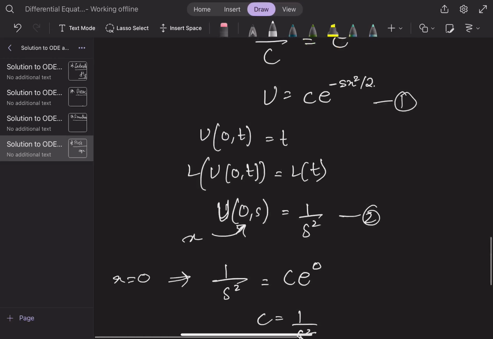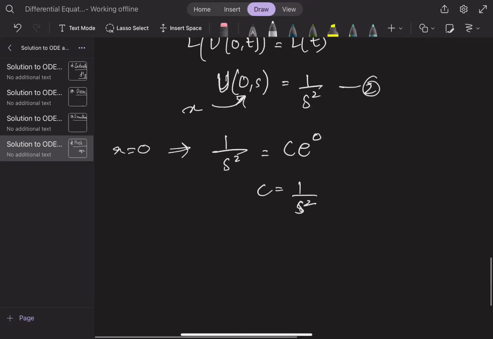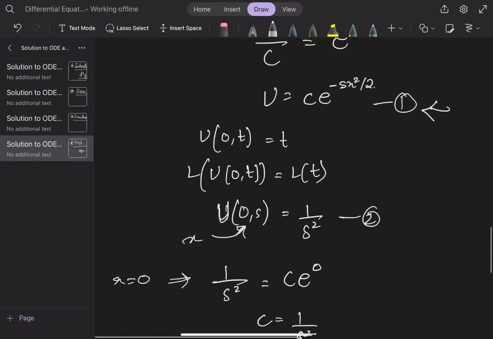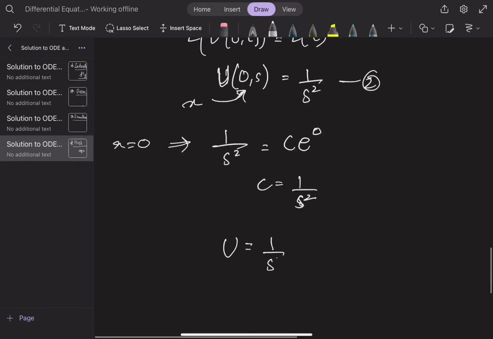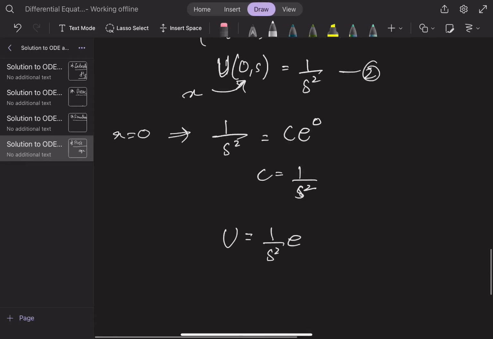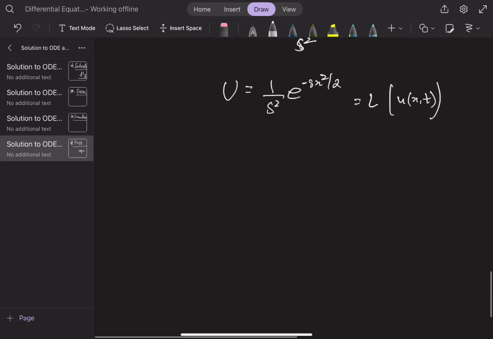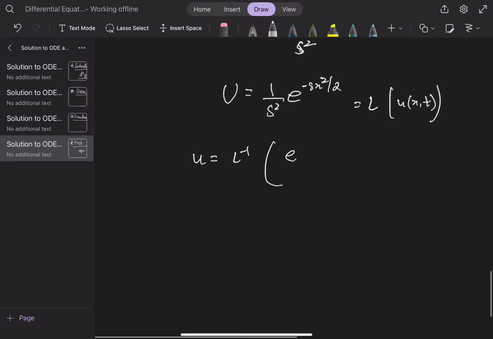So now let's go back here and plug that in. So you got U as 1 upon s square e raised to minus sx square by 2. This is Laplace of u of x comma t. So you'll get u by taking Laplace inverse of e raised to minus sx square by 2 divided by s square.